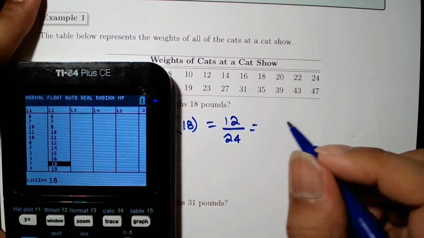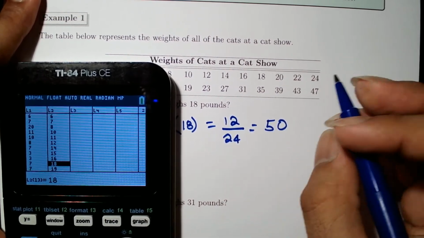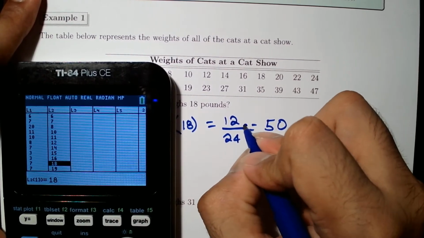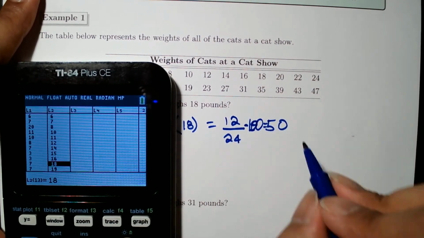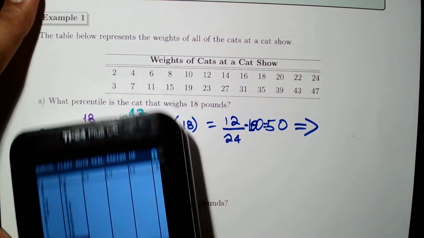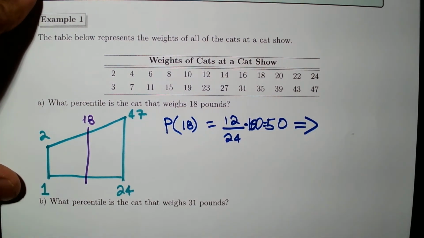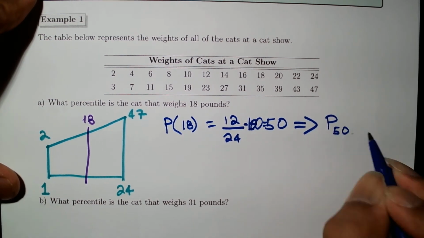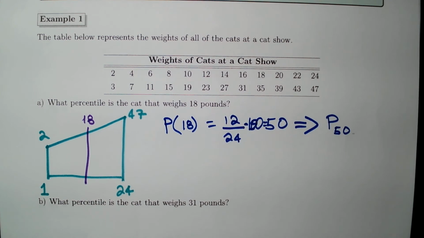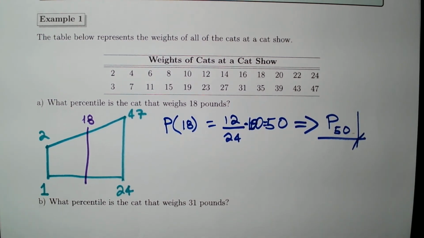This is exactly half, and multiplied by 100. I forgot the multiplication by 100, and I get 50. This means that the cat that weighs 18 pounds is the 50th percentile. In other words, it's the one right in the middle.